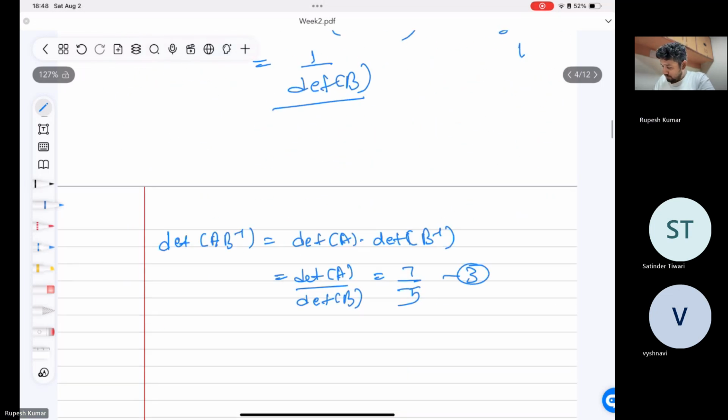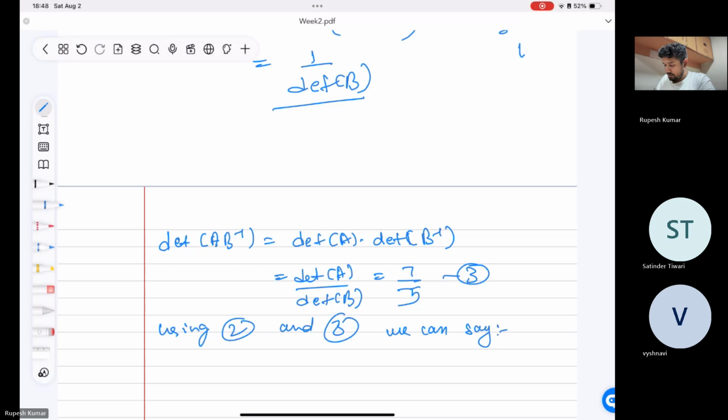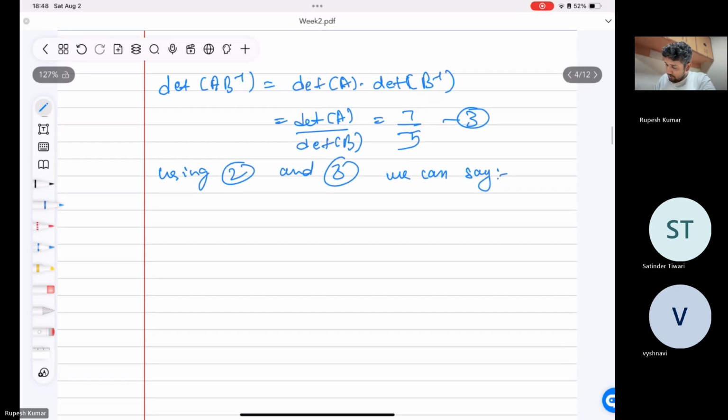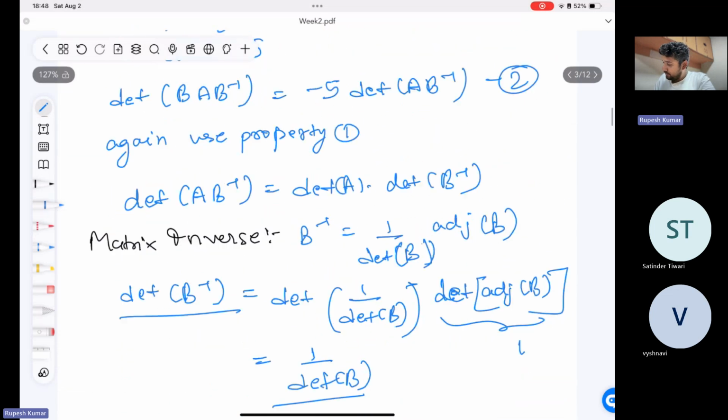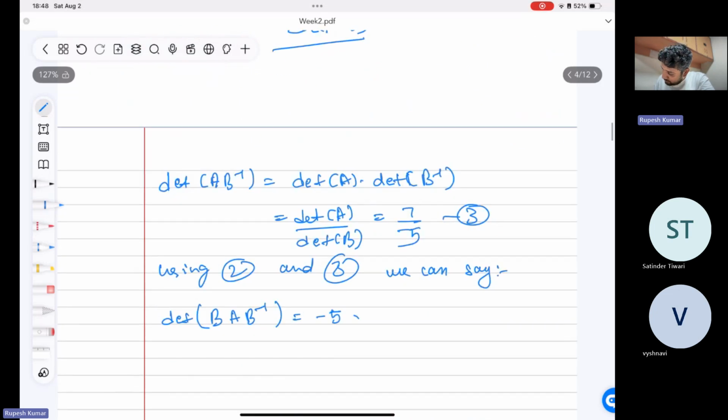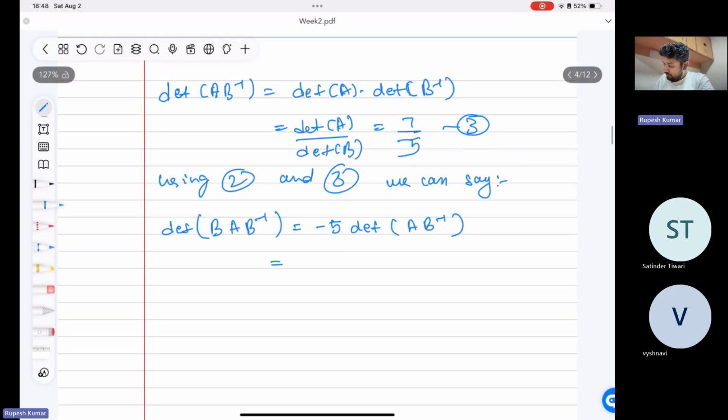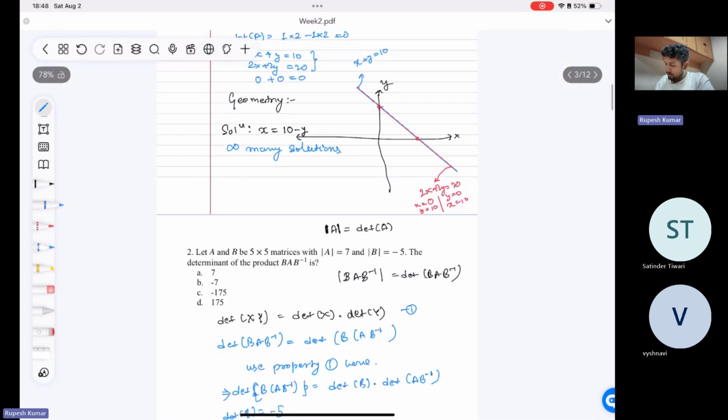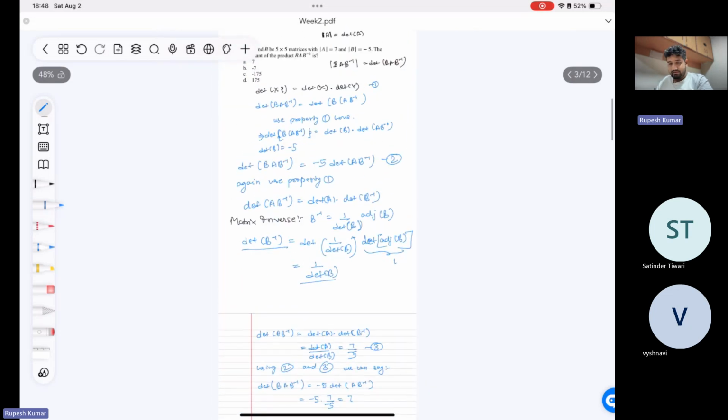Using 2 and 3, determinant of B into AB inverse is equal to -5 into determinant of AB inverse. Now the determinant of AB inverse is 7 by -5, so you get the answer 7. So option A is the correct answer. Fine, everyone. Do you have any doubts in this?